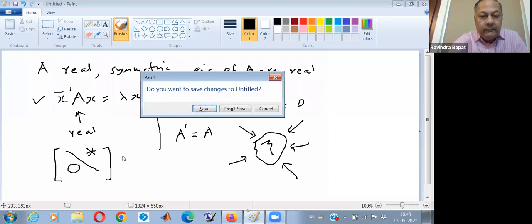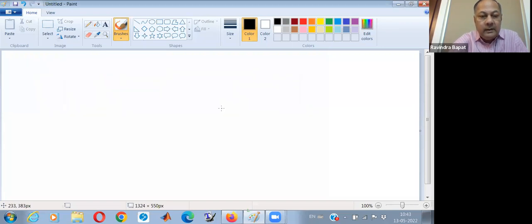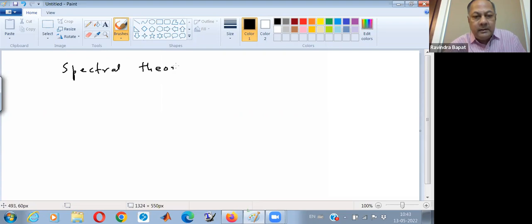It takes a simpler form when we come to a real symmetric matrix, and that is called the spectral theorem. The spectral theorem says that if you have a symmetric matrix, and this can be done even for a complex Hermitian matrix, but let me not go into that, then there is an orthogonal matrix P. Orthogonal means P transpose P is identity.